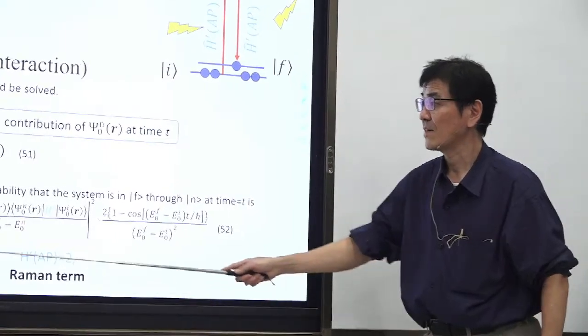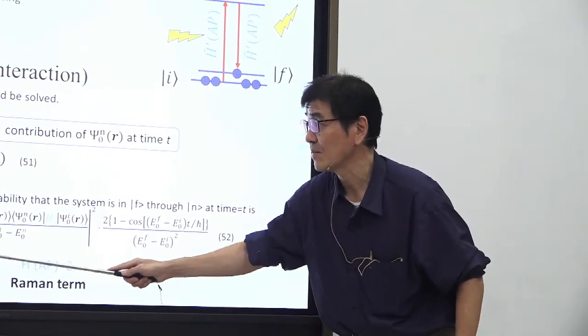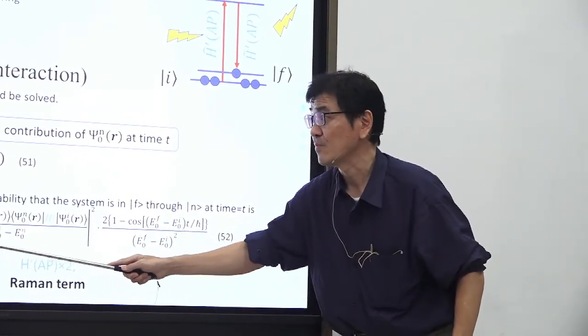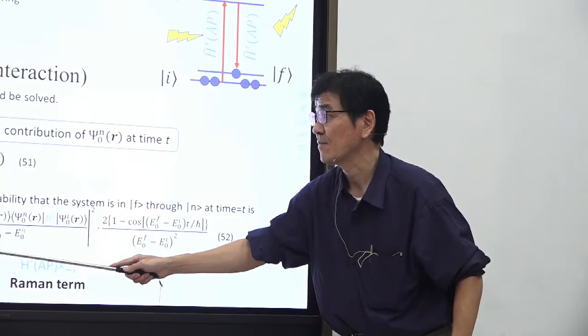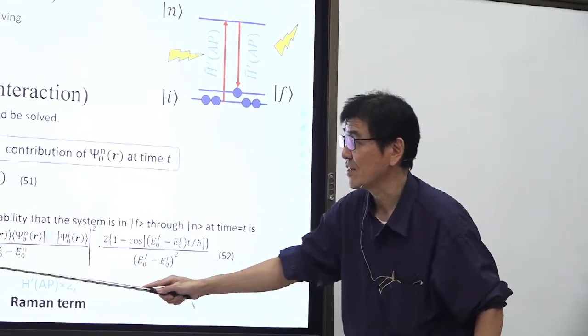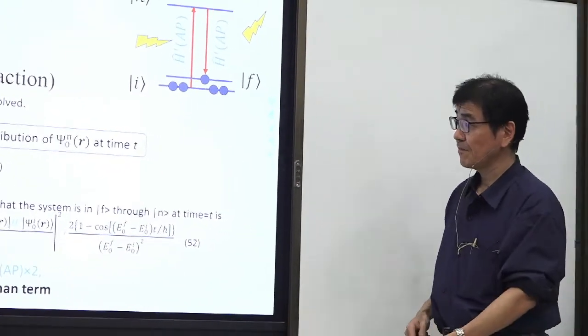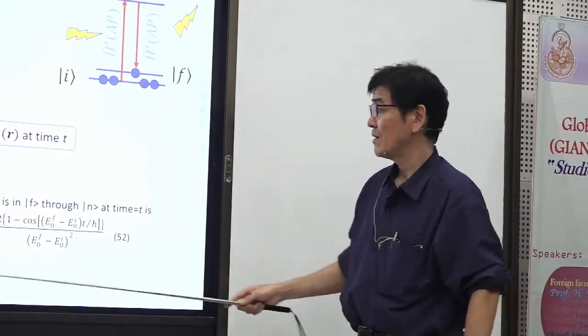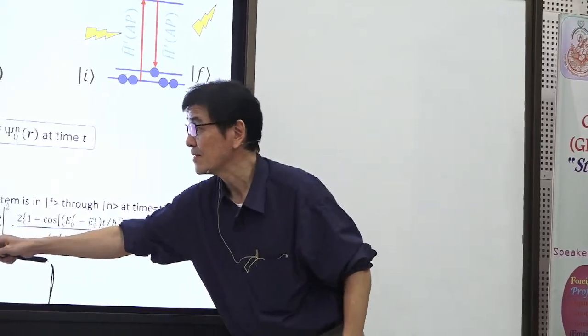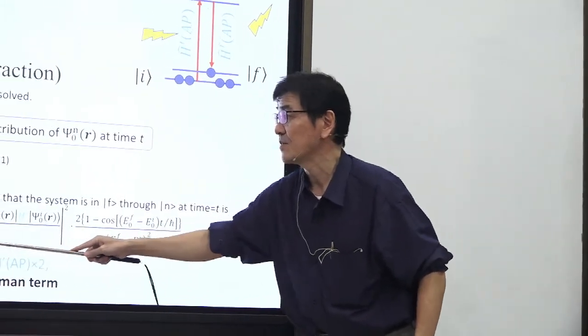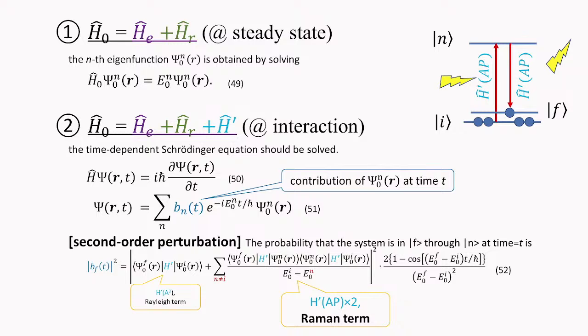The probability of the occurrence of this process is calculated by considering BFT. This parameter indicates the probability that the molecule exists in the state F at time t.